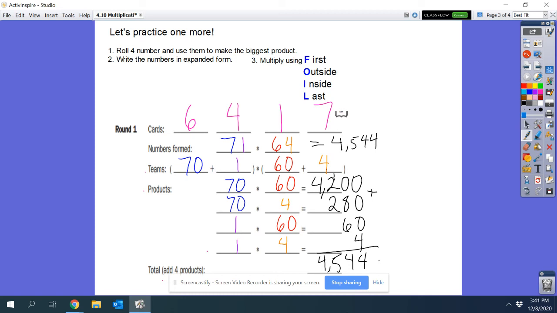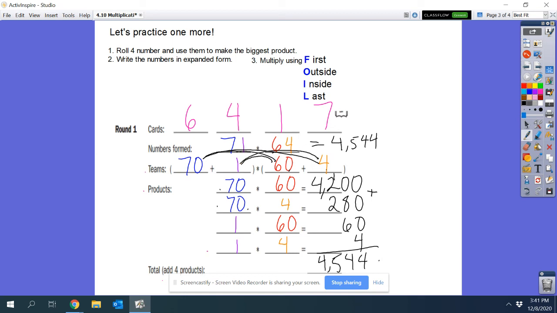And again, that's our fancy math vocabulary to indicate that when you're multiplying these numbers, you can just distribute the parts, right? Like 70 had to be multiplied by 60, got distributed to the 60, had to be multiplied by the 4. And we see that here. Same with the 1, it had to be multiplied by the 60 and by the 4.